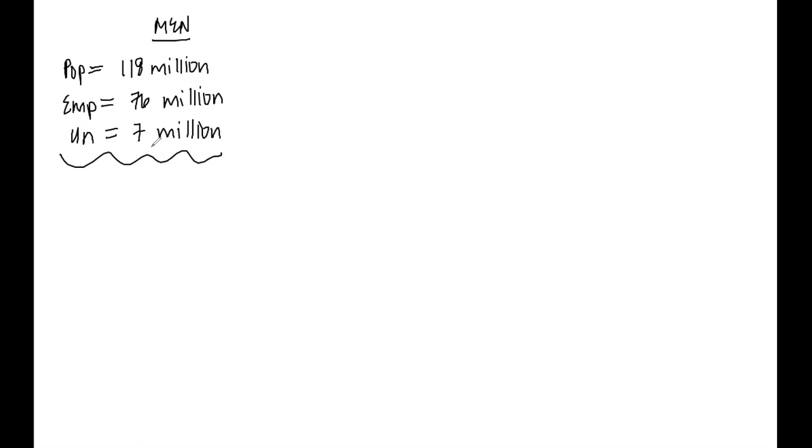So we have to find the labor force participation rate and the unemployment rate. The labor force participation rate is the number in the labor force over the number in the population, multiplied by 100. And the unemployment rate, which we solved for in the table, is the number of unemployed over the labor force times 100.